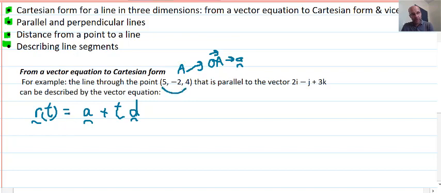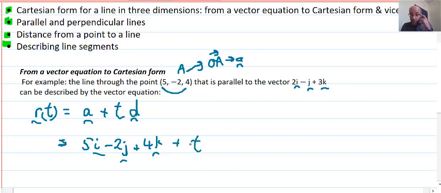We know that point is on the line, so for this case we can write 5i minus 2j plus 4k, plus t outside of a vector that is parallel to this vector here, so the t parameter will take care of that.